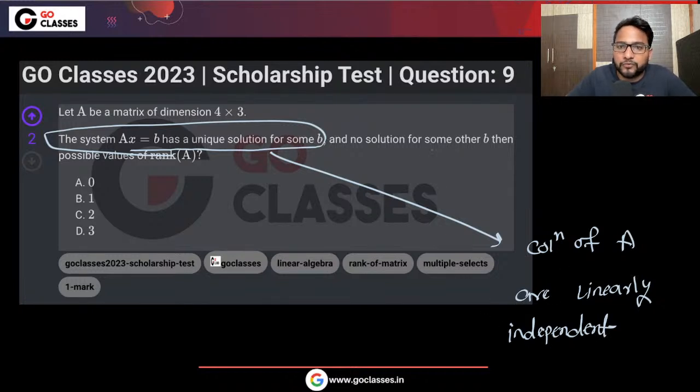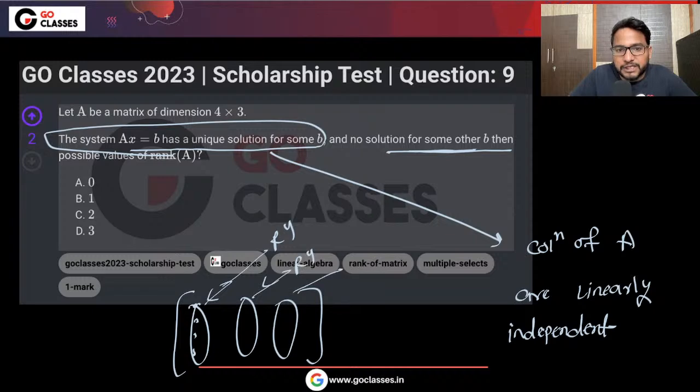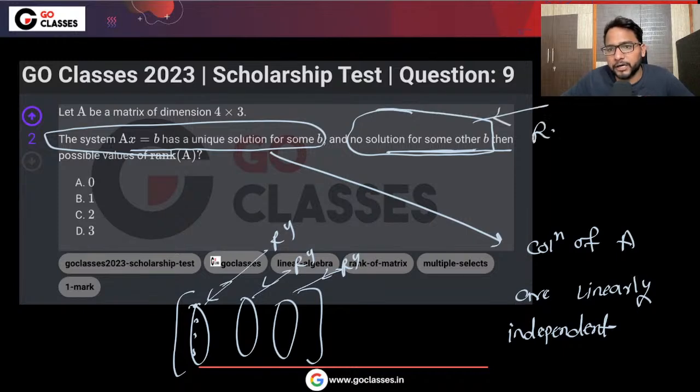And no solution for some other B means they are not filling the space, and obviously they cannot fill the space because this is 4 rows and 3 columns, so these are just three vectors in R4. So this information is actually redundant. They do not need to give it, because you already know this.